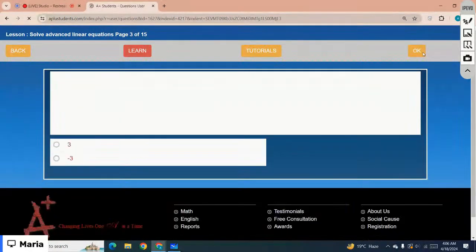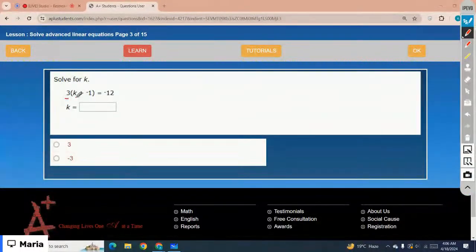Okay, the next one is solve for k. Okay, let's just solve for k. So 3 is multiplying k and negative 1, right? So first we are going to do 3 times k, that is 3k. Then you have plus, and then 3 times negative 1, that is negative 3, that equals negative 12. So adding a negative number is the same as subtracting, right?